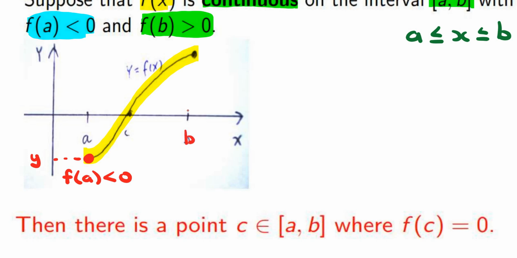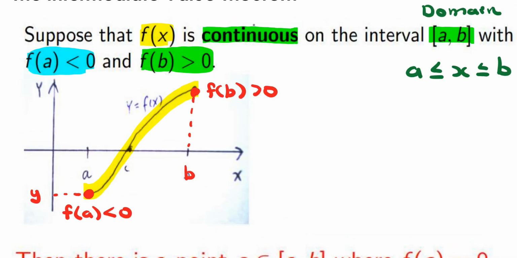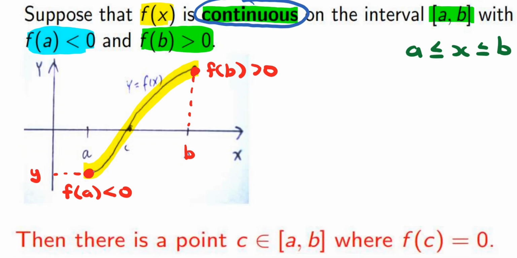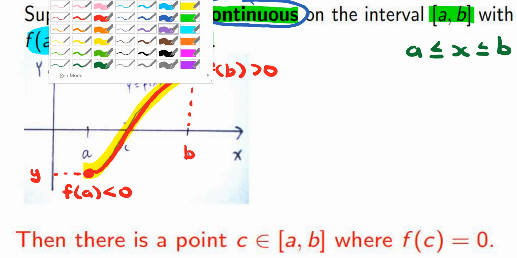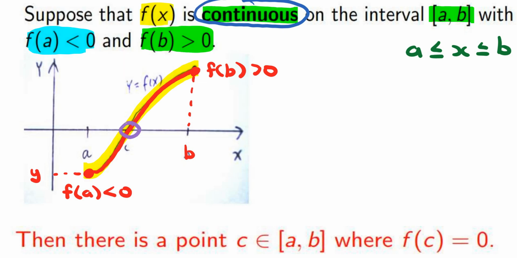And then if I look at b here, clearly the y value here, which is f of b, is above the x-axis, right? And if this function is continuous, continuous means you can draw this without lifting your pencil, then if I draw this graph here connecting the endpoints, then we must have at least one x-intercept, right?